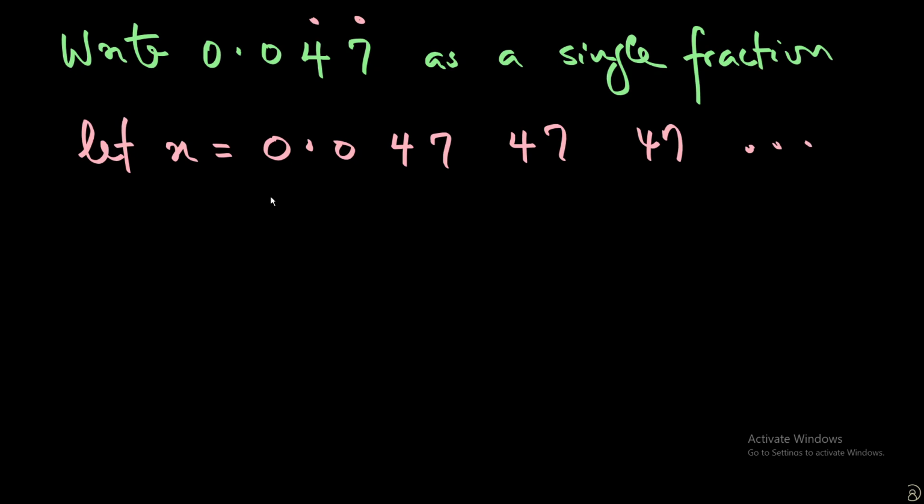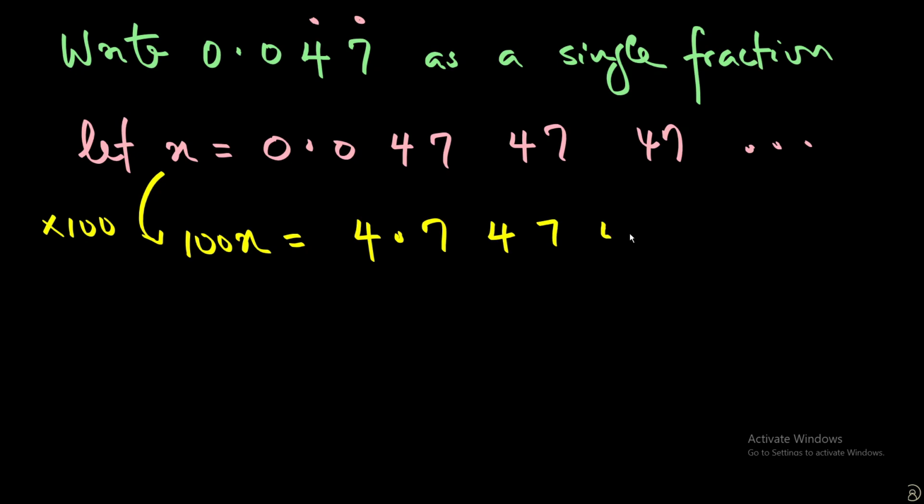Because we have two digits recurring, we multiply the first equation by 100, and that will be 4.7474747, it goes on.